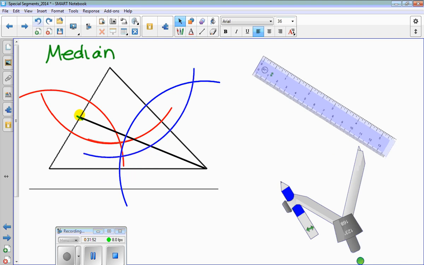If I'm going to estimate it, you guys do it exactly. The midpoint for this one looks like it's about right there. I drew my line to connect my two, and then I'm going to connect them and draw in the median.